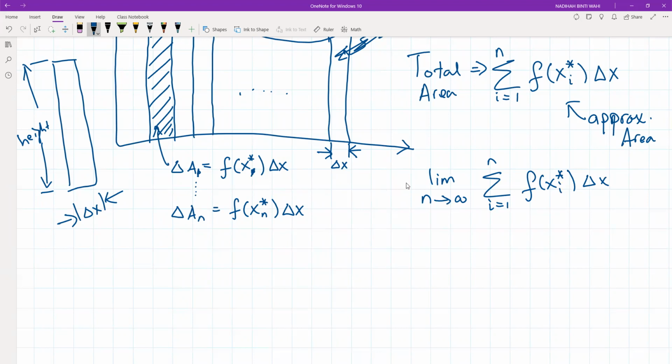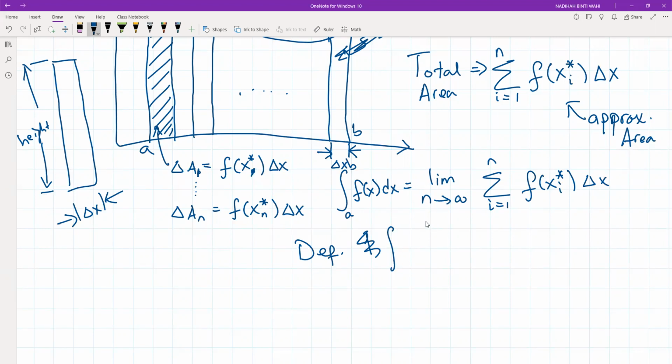So yang ni adalah definition untuk apa? Definition untuk integral from a to b. So this is a to b. Sorry, lupa nak bagi dia punya ni. From a to b, f(x) dx. So yang ni definition untuk single integral. Satu integral.